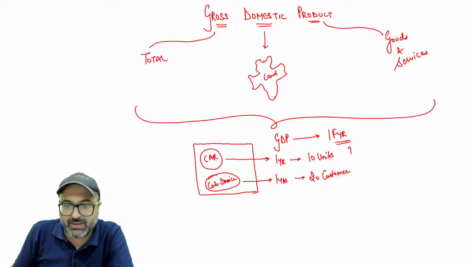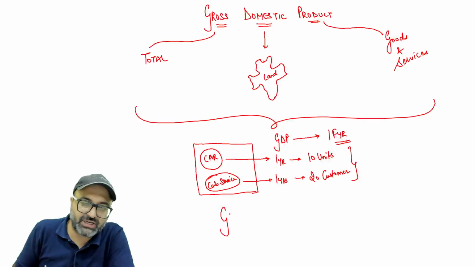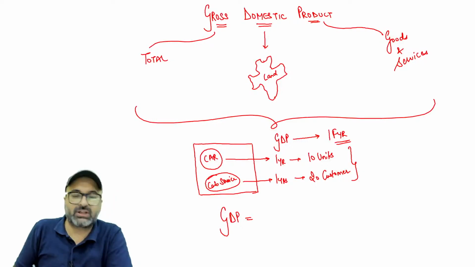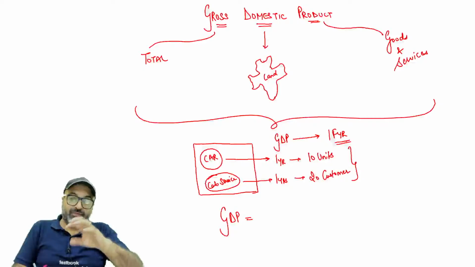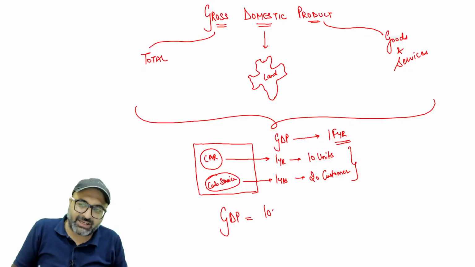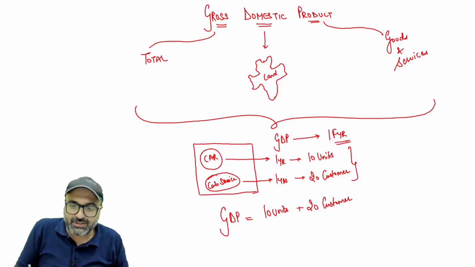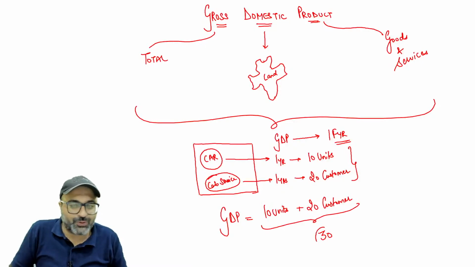So in total, what is going to be GDP? GDP is total goods and services within the domestic territory. So if I add them, that is 10 units of car plus 20 customers. So the total is going to be 10 plus 20, that is 30. Say yes or no?